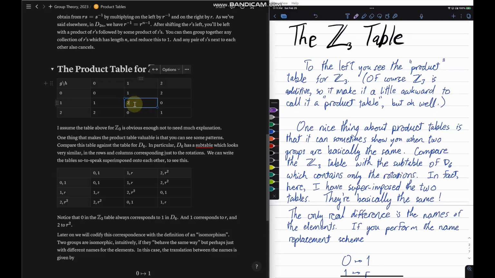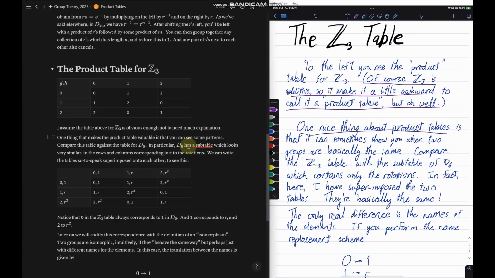Now, I want to sort of sell the whole idea of a table by arguing that it's a little bit useful for something. By the way, of course, Z3 is additive, so it makes it a little awkward to be calling this a product table, but oh well.